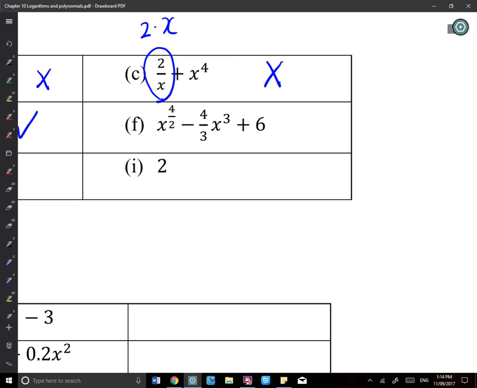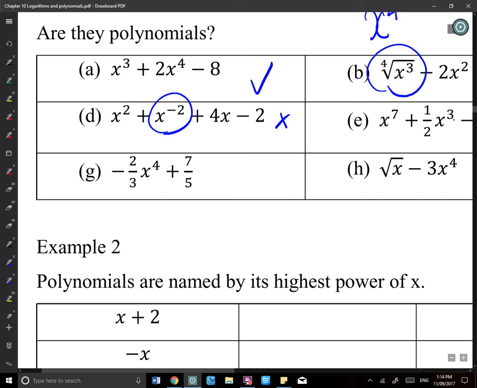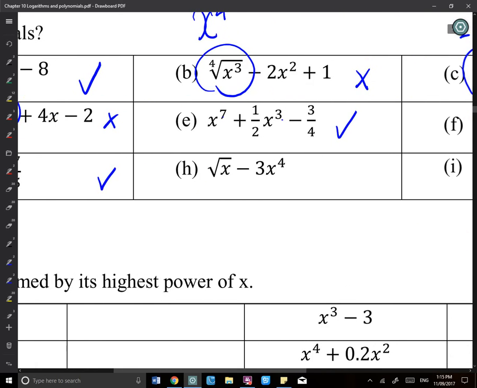F. Yes. I can see that's a 2, so that is a whole number. So that one, yes. G. Yep. Power 4, all good. H. No. Which one is not?